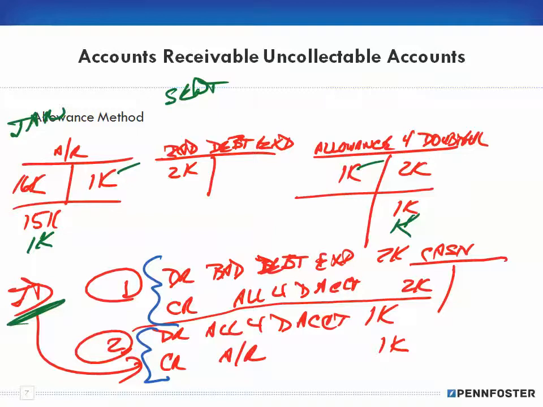So now your accounts receivable is back up to the figure you've got it back on the books, and then when he pays the cash of the $1,000, you write it off against the accounts receivable, and your books are back to where they need to be. You'd still have the $2,000 in allowance for doubtful accounts, and of course that is going to be adjusted each and every time at the end of each and every accounting period.